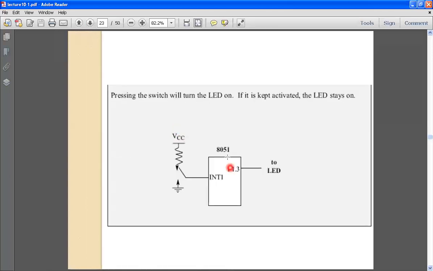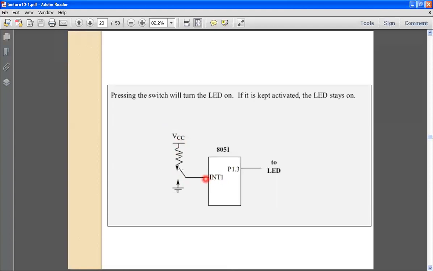So this is the basic structure. The LED is connected to port P1.3, the pin used for the external hardware interrupt is the INT1 pin, and here is the switch connected to INT. So generally the status of INT is high. When the switch is in position 1 only, the VCC will be connected to the INT pin.